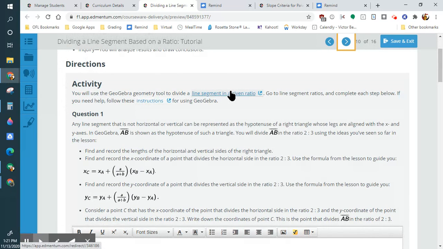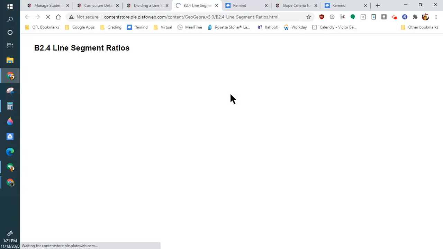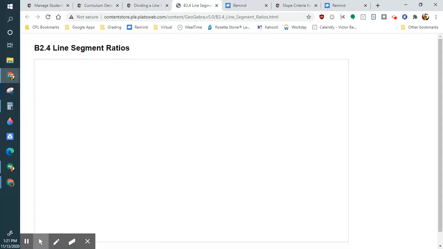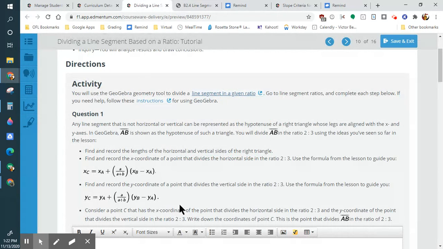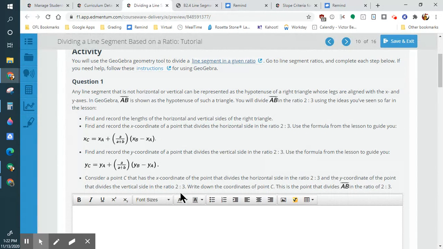So we're going to do this activity, line in a given ratio. And we're looking at this. Okay, so we have our A and our B. They're always set in their place. We can lock them, we can unlock it. So I'm not going to unlock that yet. Let's take a look at this. All right, so any line that is not horizontal or vertical can be represented as the hypotenuse.